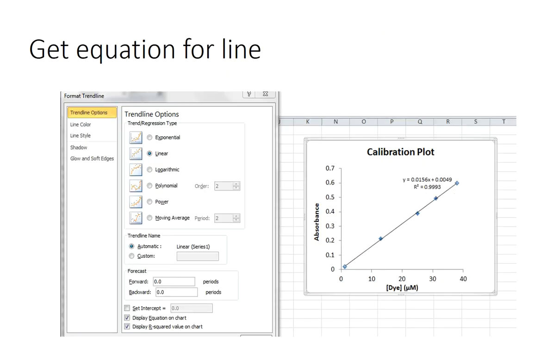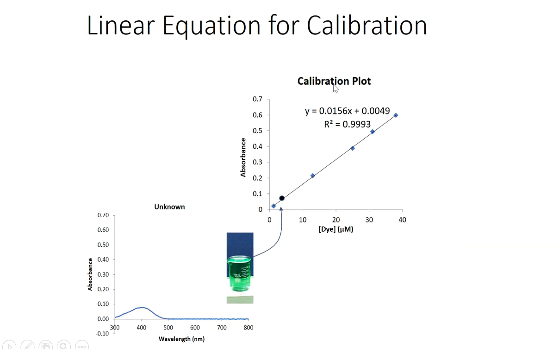So we want to add a trend line, and we want it to be a linear trend line for this type of data. There's other types of trend lines you can fit depending on your application, but for most of what we'll do, we'll pick linear. We want to see the equation and we want the r-squared value, and we'll talk in a few minutes about what r-squared is.